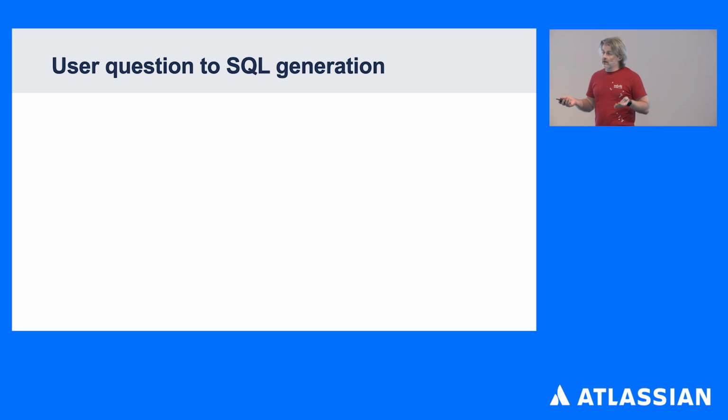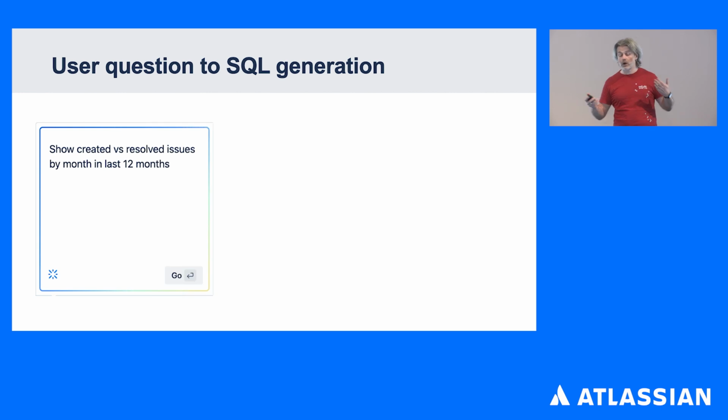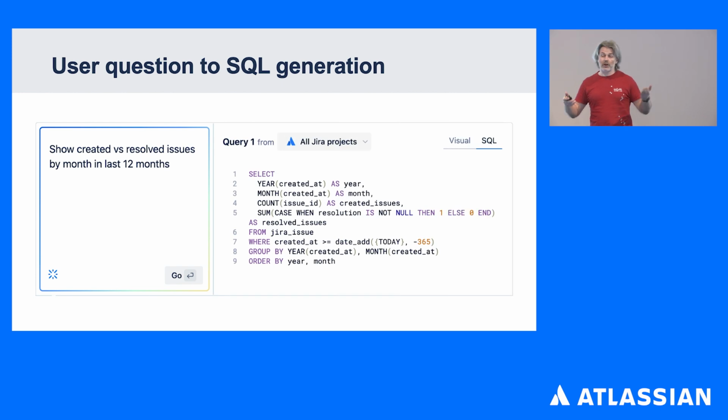And one of the inspirations was that we were seeing that AI and language models are quite good at generating SQL from user questions. For example, if you would ask, show created versus resolved issues by month in last 12 months, LLMs could generate you a nice SQL, which hopefully retrieves what you need.